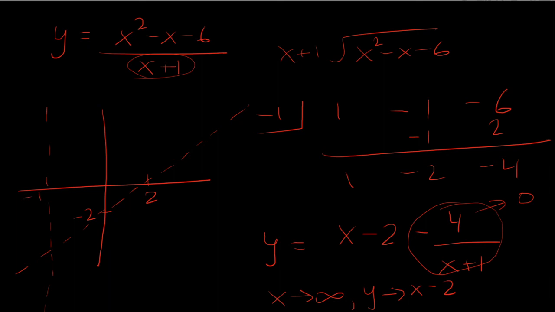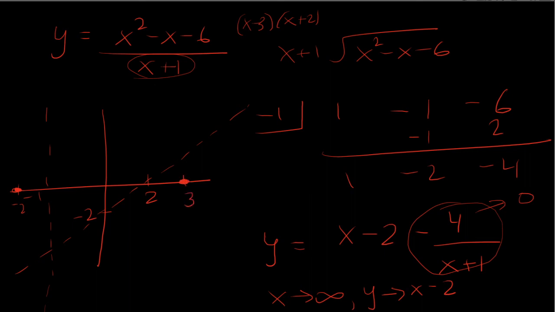Okay, now we can set the top equal to 0 to get our x-intercept. So if we factor out the top, we get x minus 3, x plus 2. So we get negative 2 and 3 as our x-intercepts.